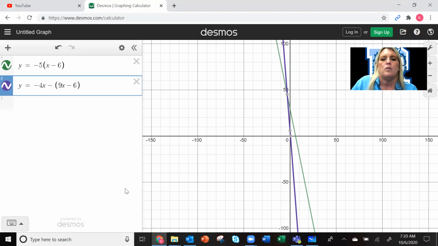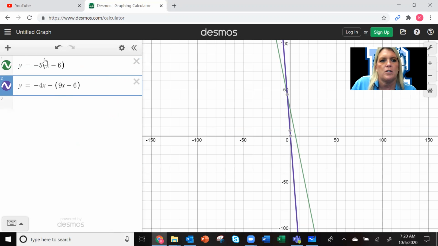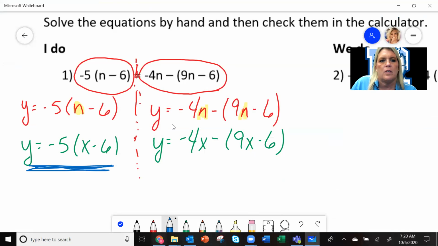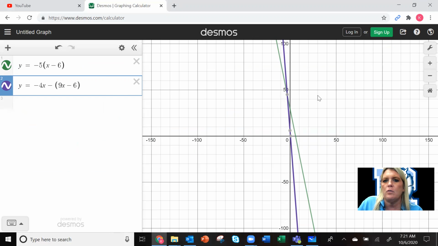So again, we put the left-hand side of the equation in first, then the right-hand side went in for the second equation. Now you're looking to see where the two lines intersect. If you don't see it on your screen, you can use the plus and minus to zoom in and out.